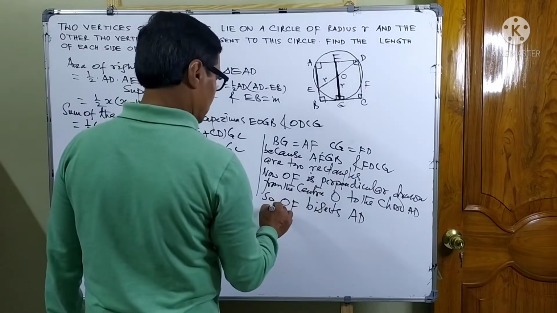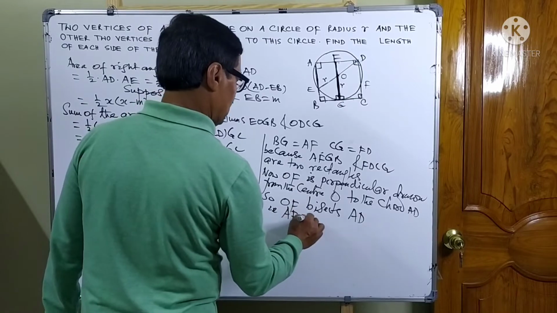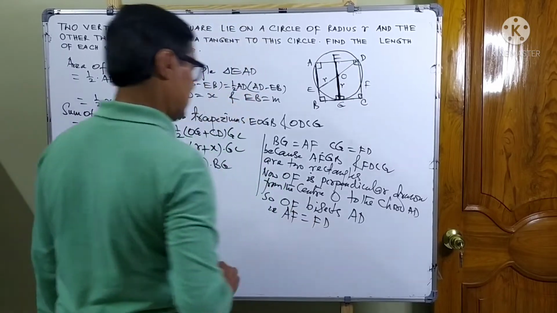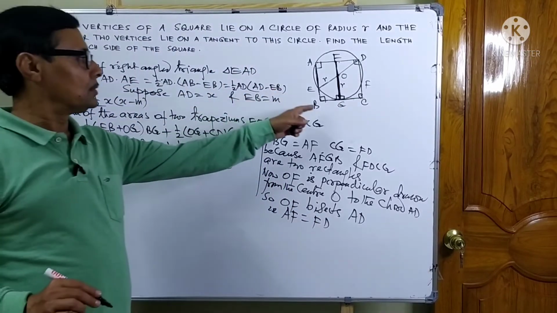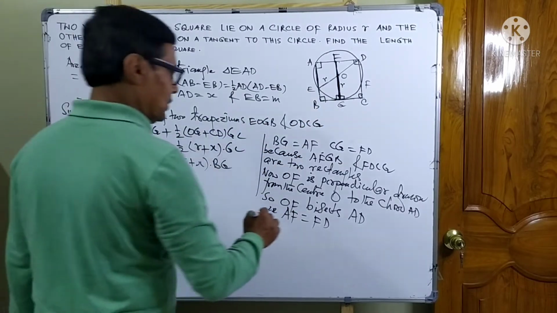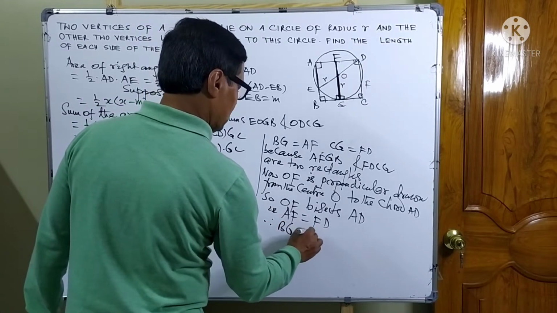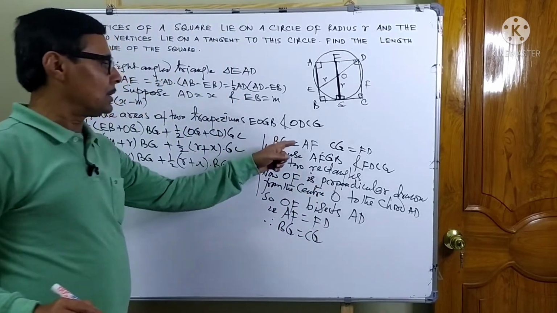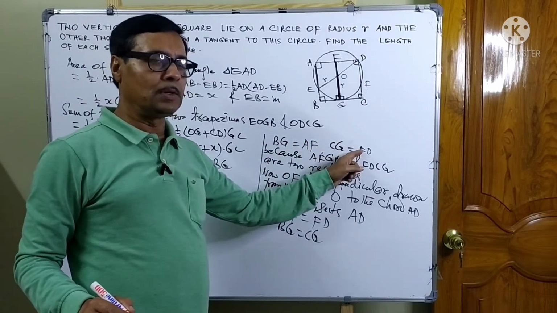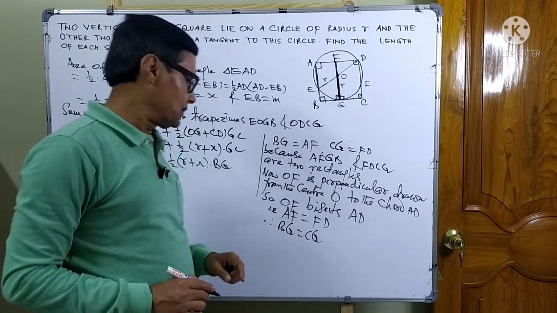So AF is equal to FD. So we can say that BG equal to CG, because BG equal to AF and CG equal to FD, and AF is equal to FD.